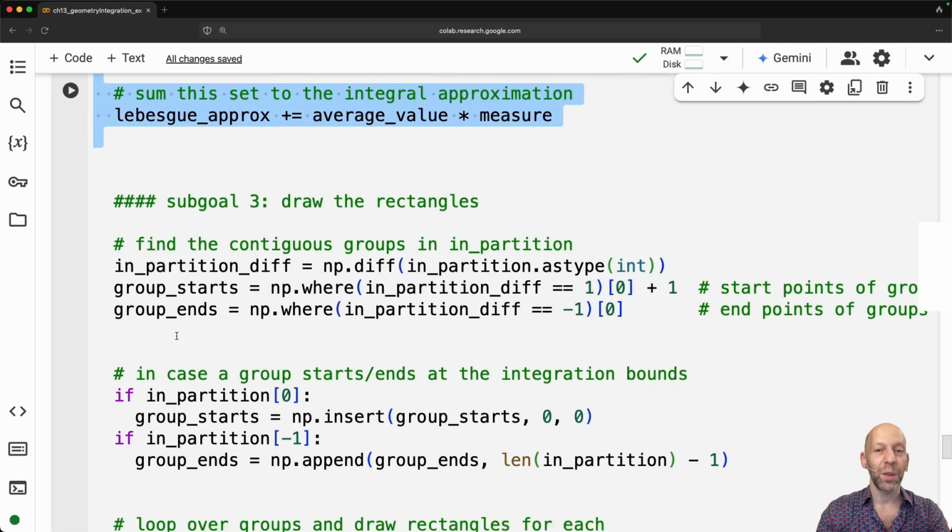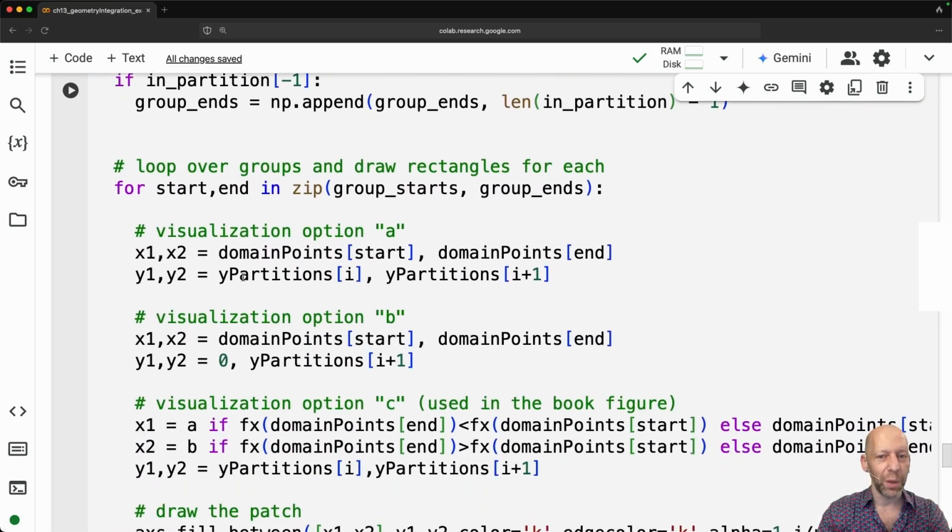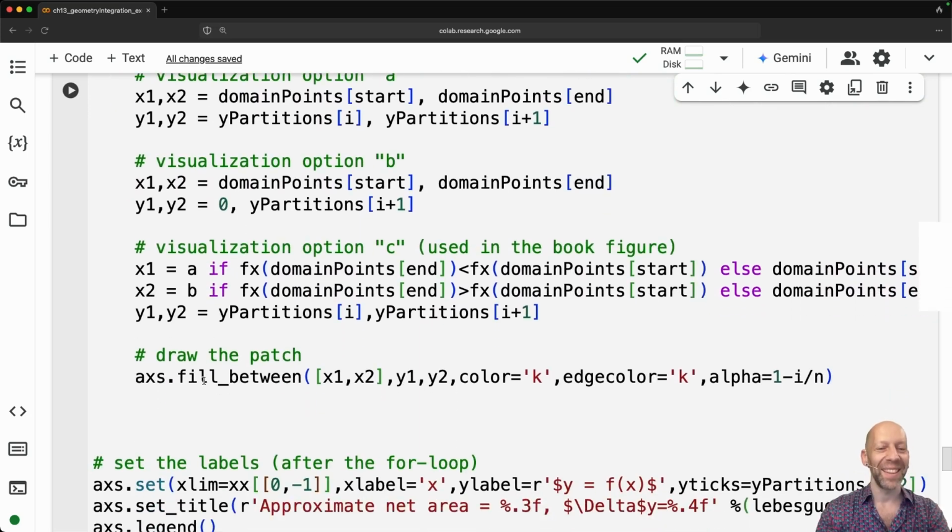Sub-goal 3 is just about drawing the rectangles. I want to start by showing you all the way down here. This is the final result, where we have fill between for these x-axis boundaries and these y-axis points. Again, I'm setting the color to be black and the alpha to range as a function of the partition number.